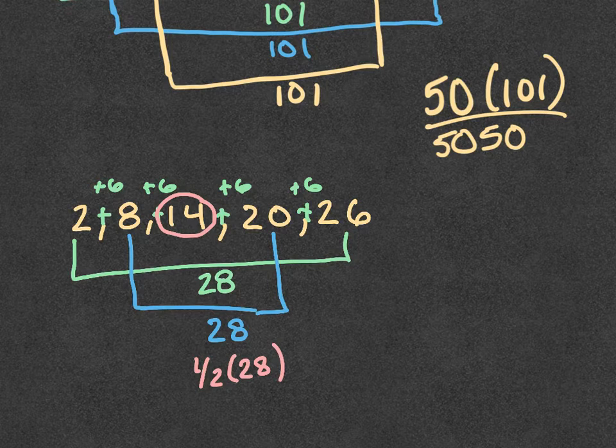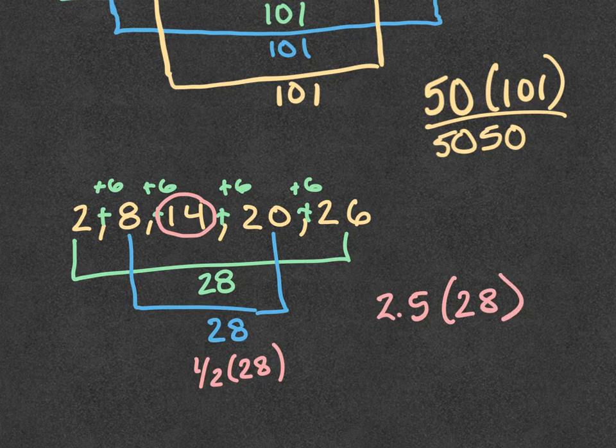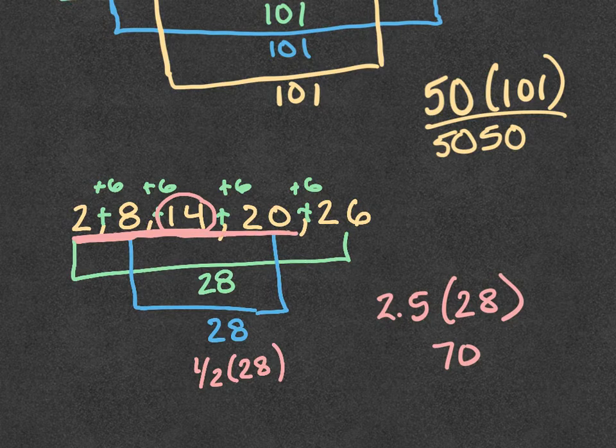So altogether, I have 2.5 pairs of 28, and 2.5 pairs of 28 would be 70. And this one we can add up a little quicker so you can verify that that's true: 8 plus 2 is 10, plus 14 is 24, plus another 20 is 44, plus 26 would be 70.